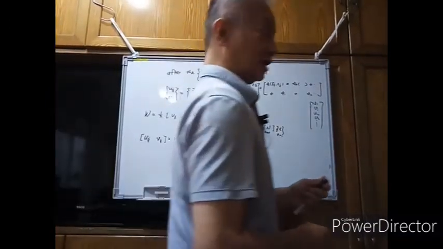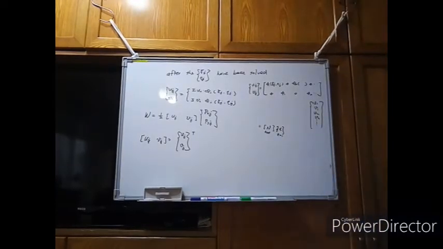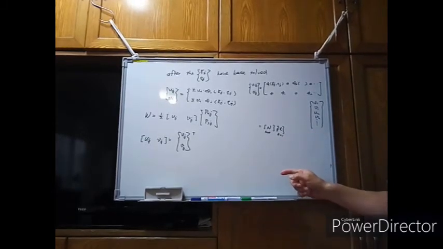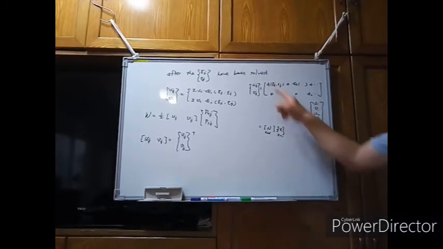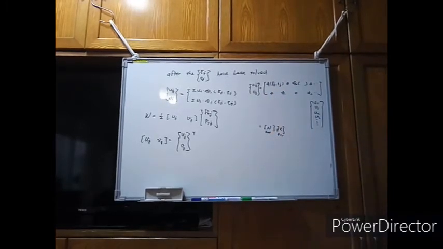So the total number of unknowns related to this element will be u1 v1 until u4 v4. So uj and vj are equal to N multiplied by u.